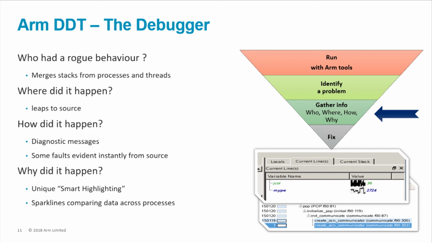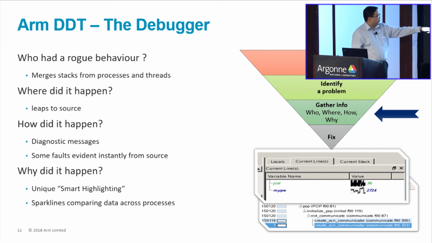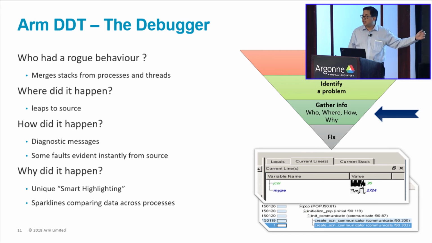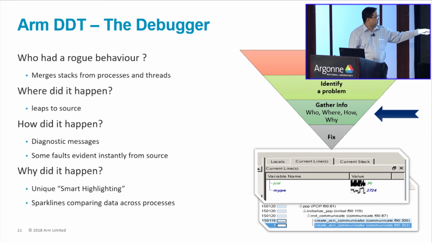At the bottom right, you can see a little section that DDT will show you. You see the stack backtraces, and it's telling you that there are 150,120 MPI ranks. Of those, all but one are at line 300 of communicate.f90, and one rank is at line 303.